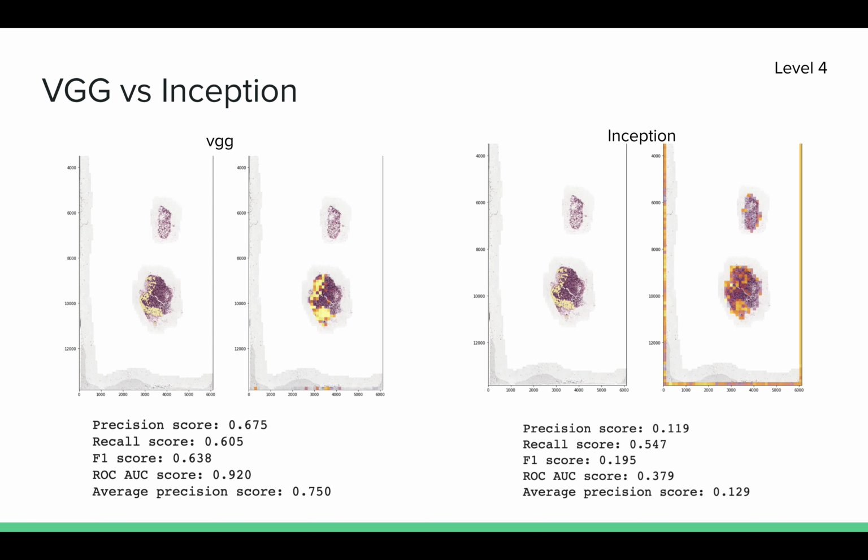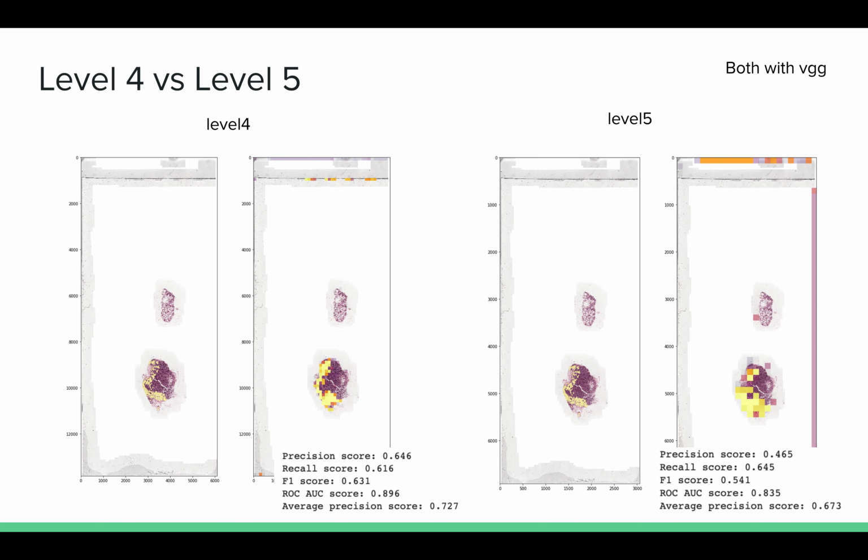There are too many false positives for level 4. And we also compare level 4 and level 5. As we can see, level 4 has a significantly higher precision score, 0.75, compared to level 5.